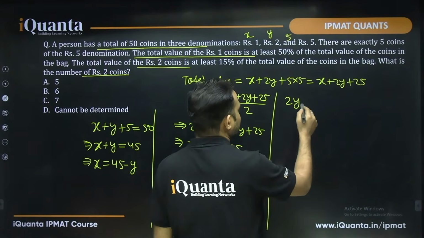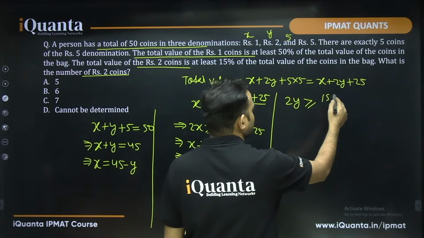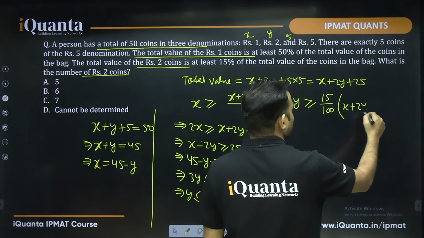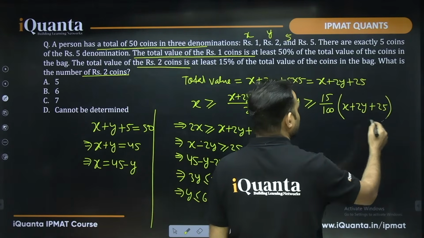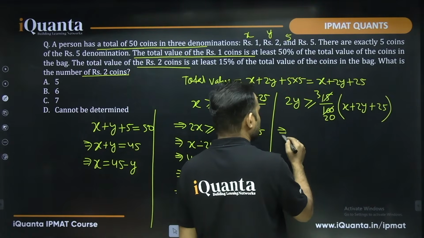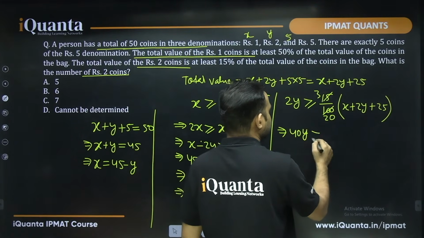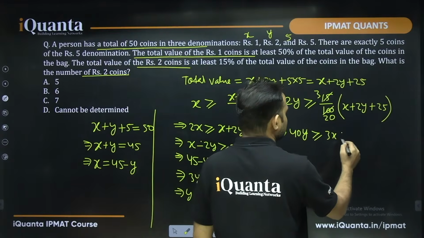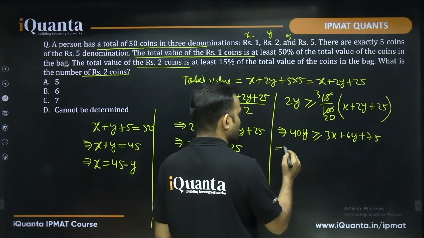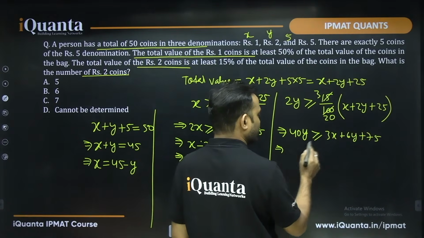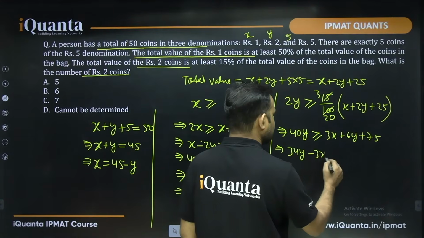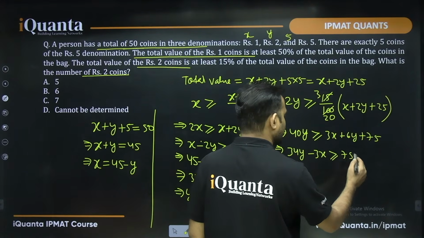The value of 2 rupees coins is greater than or equal to 15 by 100 of (X plus 2Y plus 25). So this is 3 times 5, 20 times 5. This will be 40Y is greater than or equal to 3X plus 6Y plus 75, or 40 minus 6, 34Y minus 3X is greater than or equal to 75.